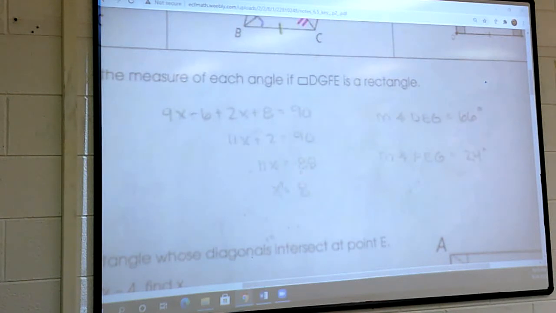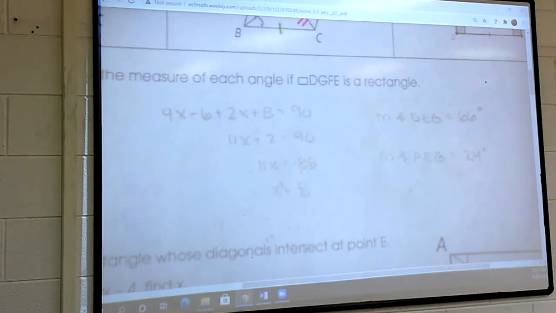When you add that up, 9x plus 2x is 11x, and negative 6 plus 8 is positive 2. So I get 11x plus 2 equals 90, and then I subtract 2, so I get 11x equals 88, and the last thing I do is divide by 11. So I get x equals 8.